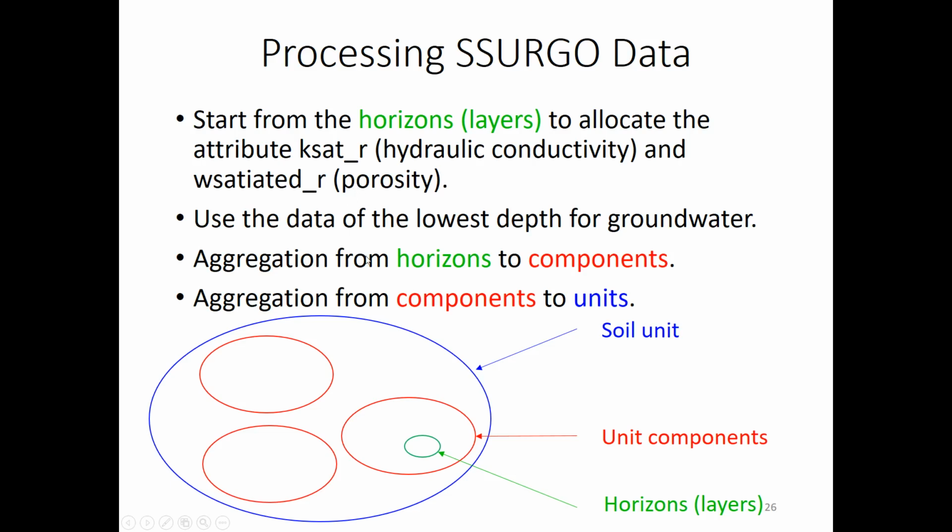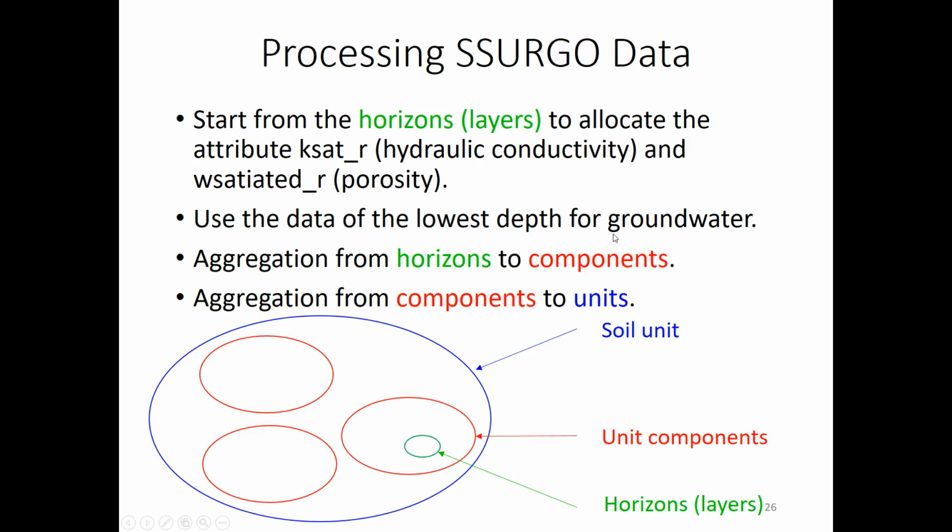And then for the horizon, I mentioned that it has different layers from near surface down to groundwater. What we did is we used the data of the lowest depth of the horizon for groundwater modeling. This is not a perfect way because the lowest level may not be exactly representing groundwater, but this is the best information we can get.